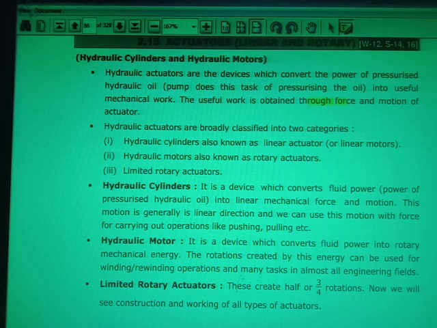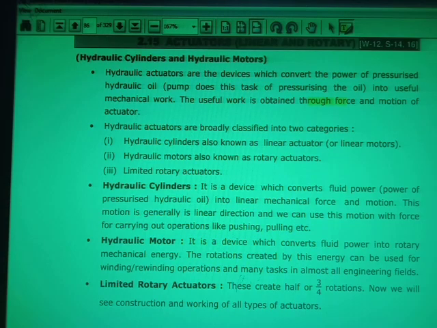In linear actuators we get linear motion, motion in a straight line, either horizontal movement or vertical movement. When the motion is obtained in a straight line, that type of actuator is known as the linear actuator. Another type is known as the rotary actuator.